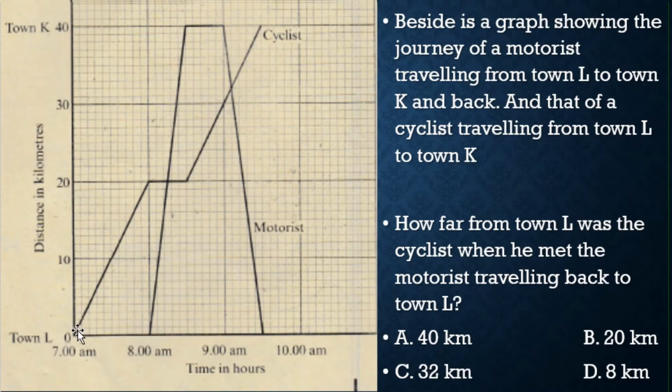We look at the cyclist, who starts at town L at 7 a.m., travels all the way to 20 kilometers, rests for 30 minutes, continues with the journey, and then arrives at town K at 9:30. You go down here, this is 9:30. We come to the motorist.